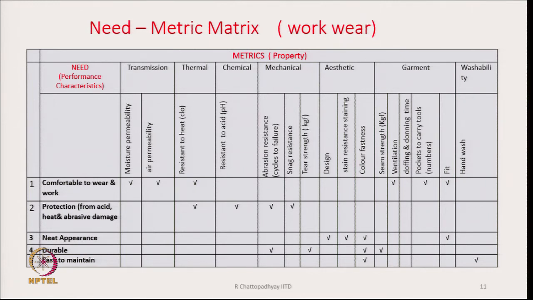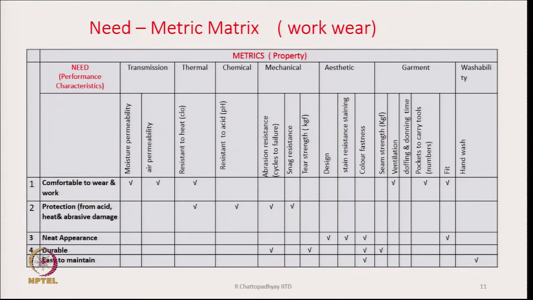So, durability cannot be measured simply. So, the corresponding metrics which may help us to make a product durable, what are those? One is the abrasion resistance. Abrasion resistance is something we can measure.